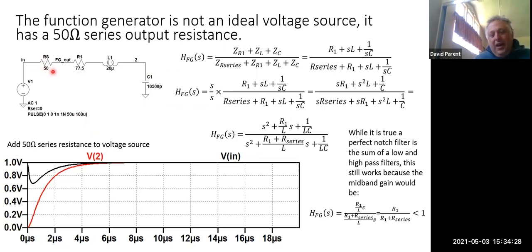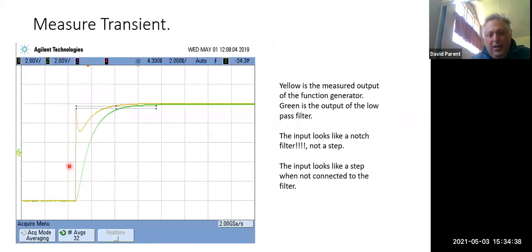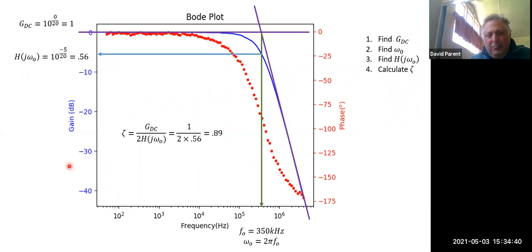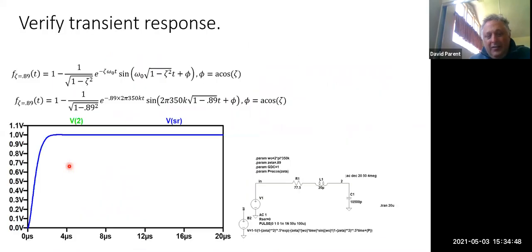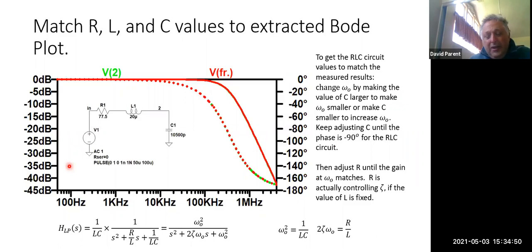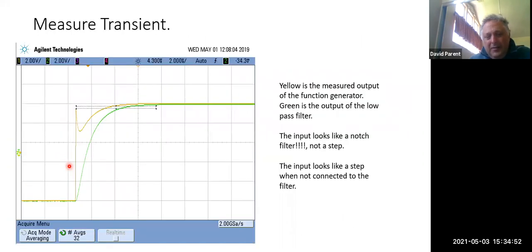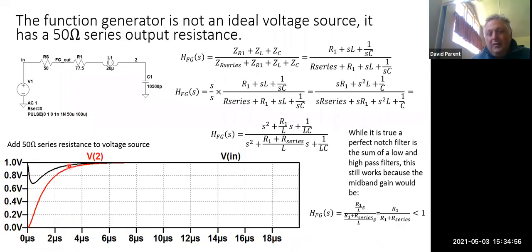So now if I add that 50 ohm and model it better and then do it in LTSpice, lo and behold, I am getting the same thing. All right. But this Bode plot, it was real. That was a real Bode plot, and it worked. And I verified it against LTSpice, and it still worked. But when I try to measure the step response, it's not working.